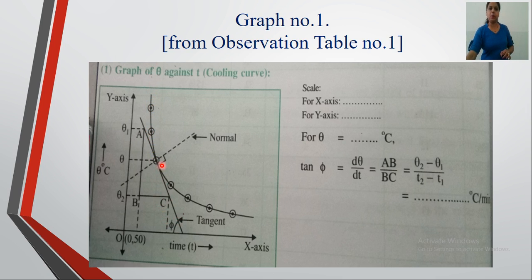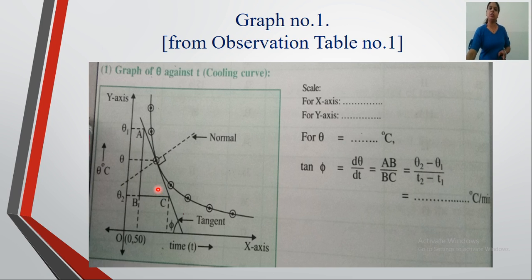For example, I am taking into consideration this theta, which is 40 degrees Celsius. Now just draw one tangent. This is the tangent to this point, and we'll use this tangent to find out the slope. There are two ways to find the slope.